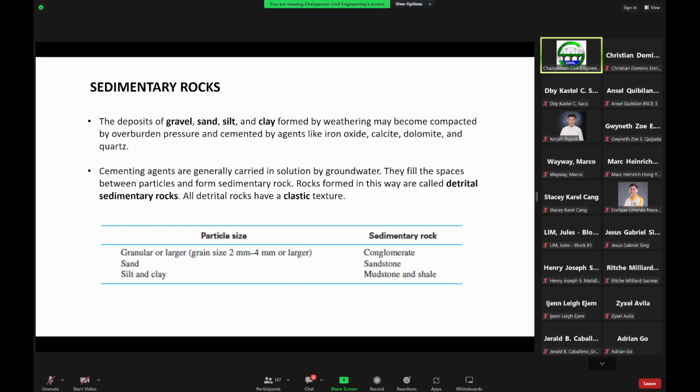If these sandy materials become cemented, or bonded together, then we call them sandstone. Now, in the case of silts and clays, if they're bonded together or cemented together, then they become mudstones or shales or claystones or siltstones. Okay, so these are sedimentary rocks. Later on, we will have the grain size distribution as well.